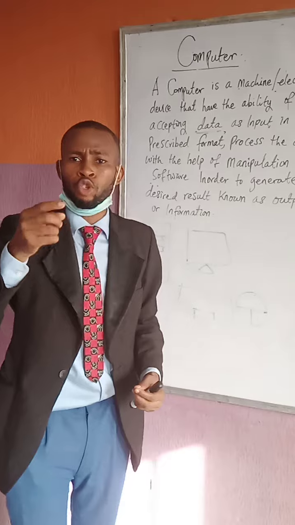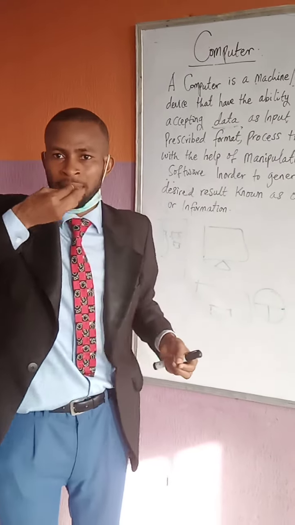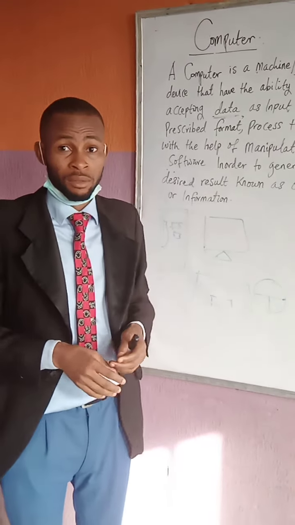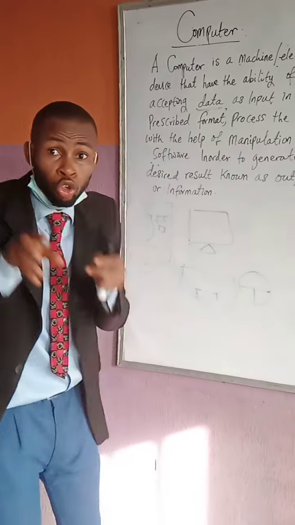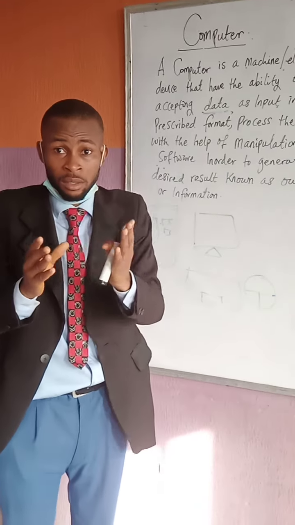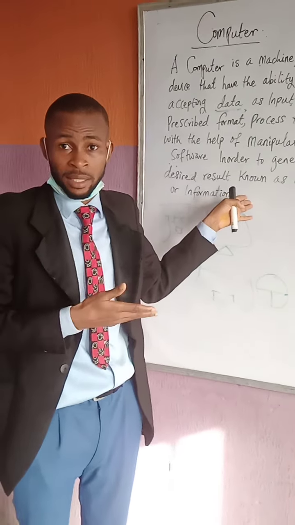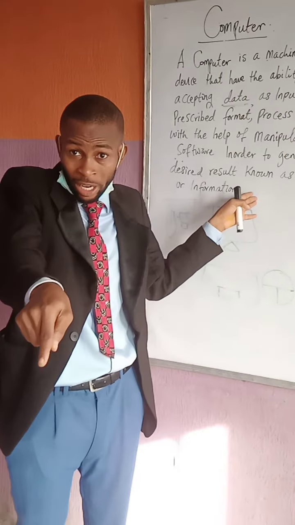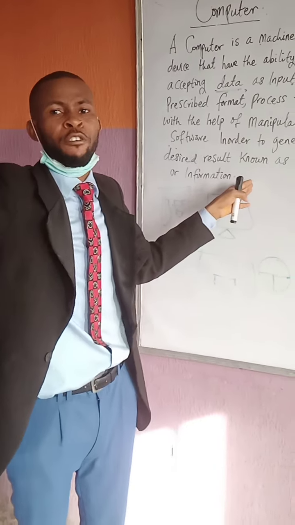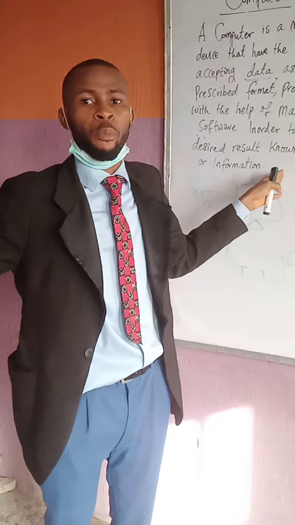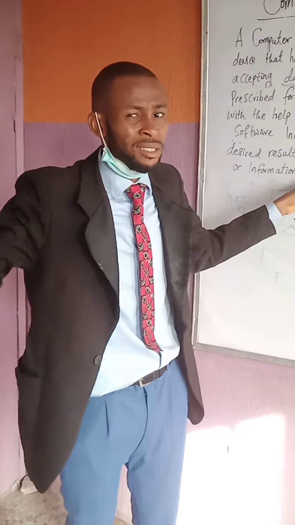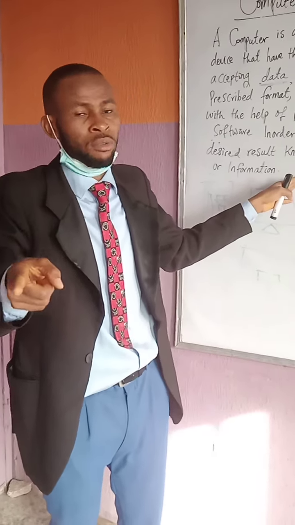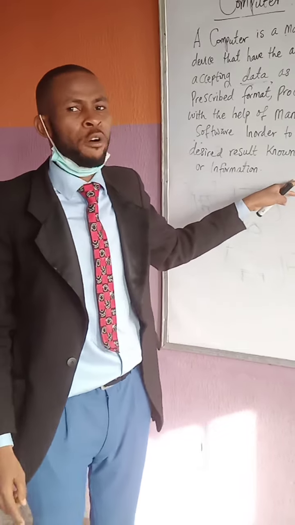If I ask you 2 plus 2, that 2 plus 2 is the data. In computer, I believe some people are writing down my lesson. The notes you are writing currently are personal information to you, for you to read for future purposes. But in computer, the notes you are writing now are not information.